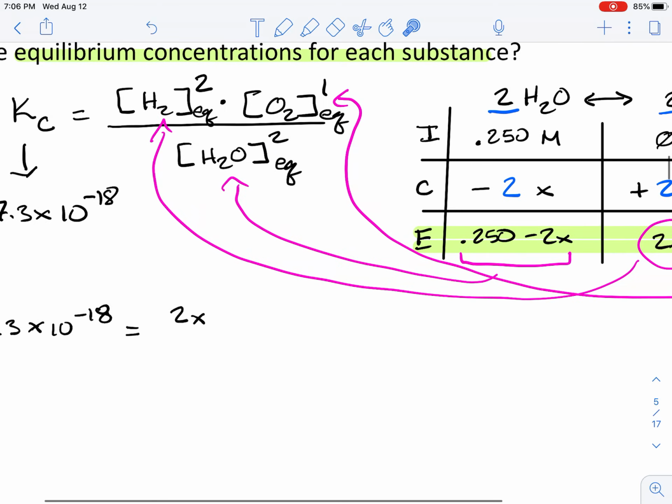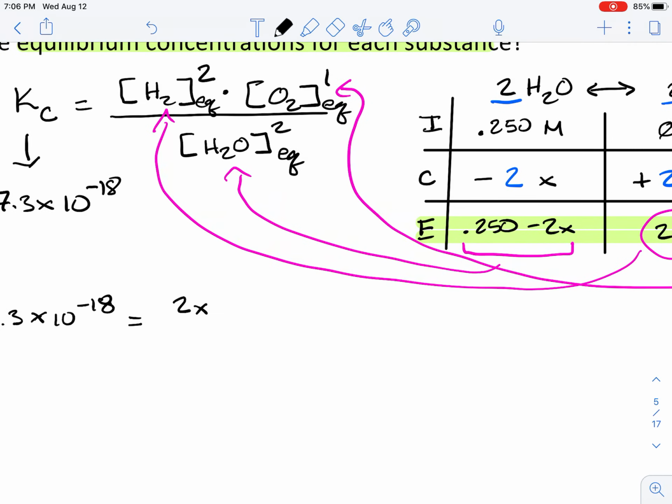Simple mistakes can be made that will give you wrong answers if you forget the power when you carry it over or when you rewrite it in your work. So not only is it 2x, but it's 2x squared, times x to the first, over, in this case, parentheses 0.250 minus 2x, raised to the second power.